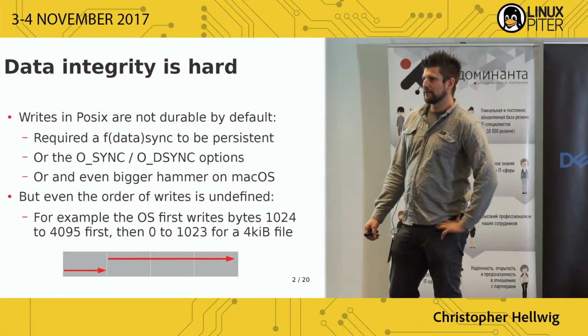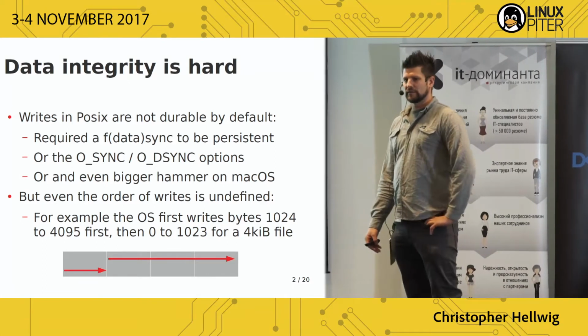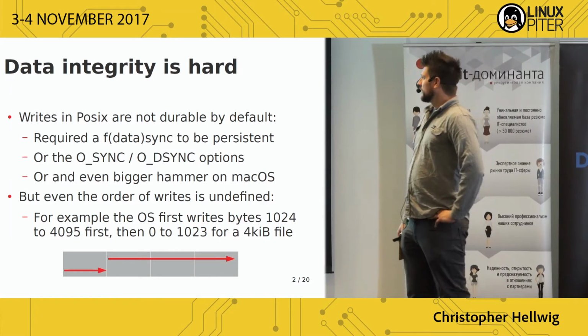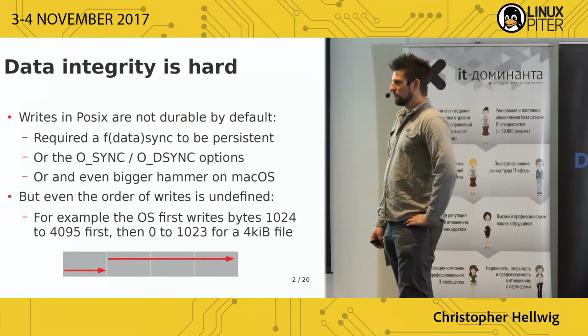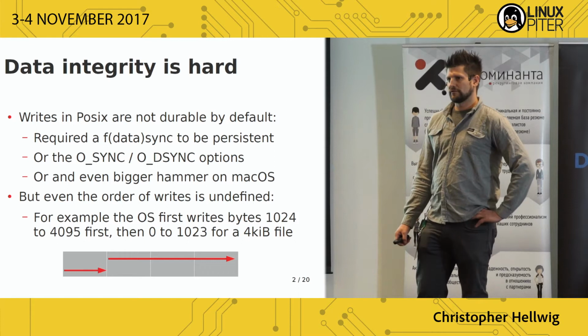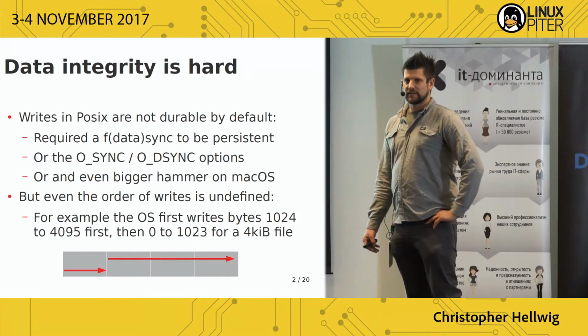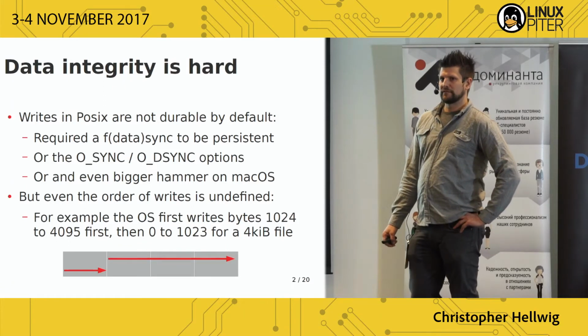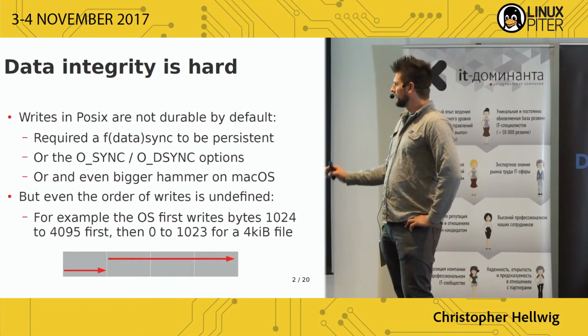There's another variant called fdatasync. The only difference between the two is that fdatasync only persists the metadata we need to find the data, so the blocks you just wrote, while fsync persists everything.